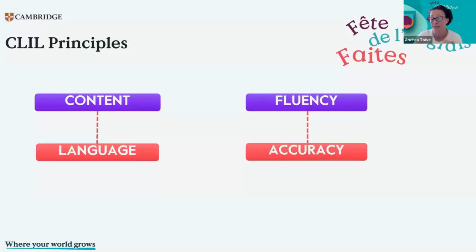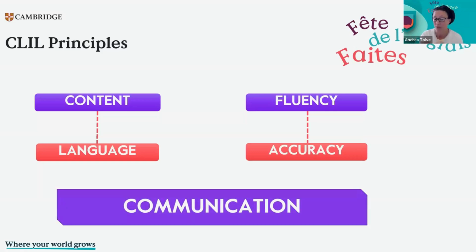One of the key principles in CLIL is that fluency is more important than accuracy. Just the nature of CLIL lessons means that our students will be exposed to and produce a range of language. So the focus is firmly on communication, and then the accuracy comes with time.